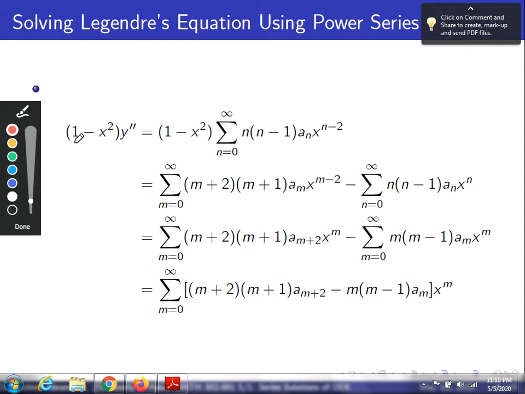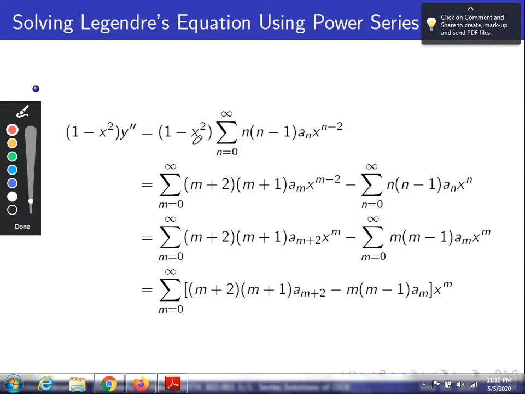The first term, 1 minus x squared y double prime, is equal to 1 minus x squared times this infinite sum. Now, because this is a limit of polynomials, it turns out we can just bring this x squared inside the summand. We can also bring 1 inside the summand and just subtract, provided both series converge.